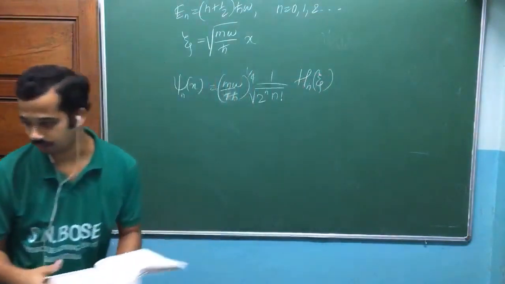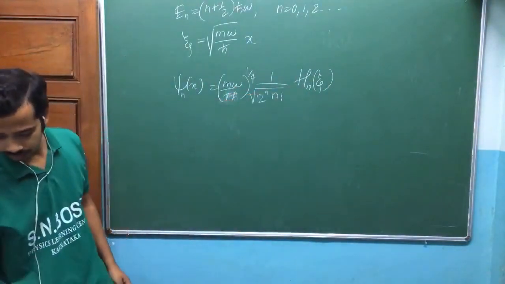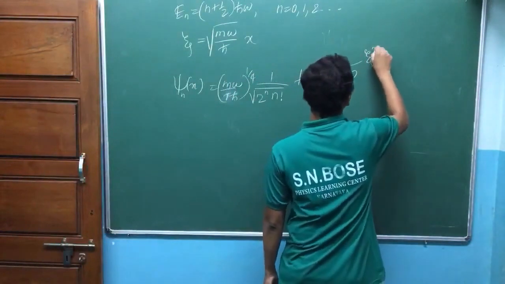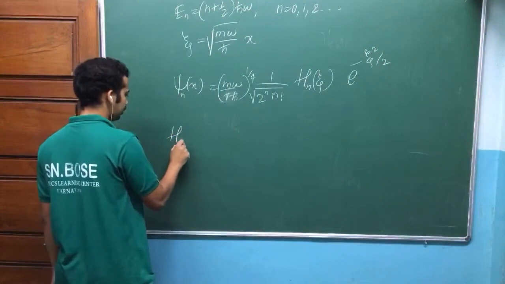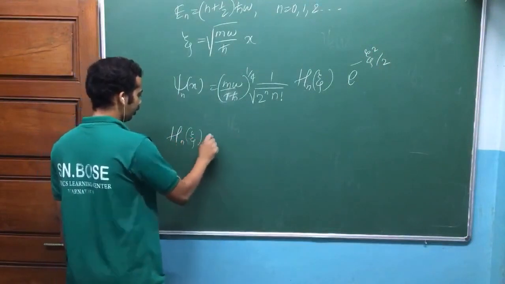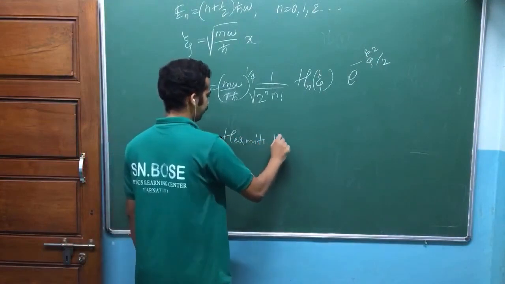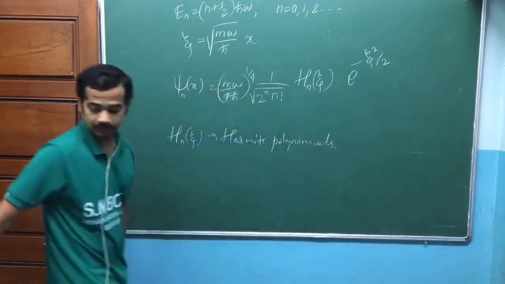This is not Hamiltonian, this is Hermite polynomial, a polynomial in xi. H n of xi into e power minus xi square by 2, where H n of xi are Hermite polynomials. They are alternatively even and odd.